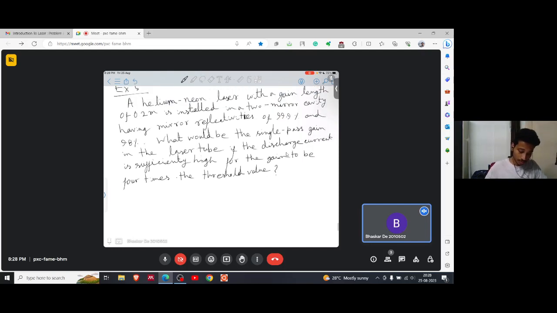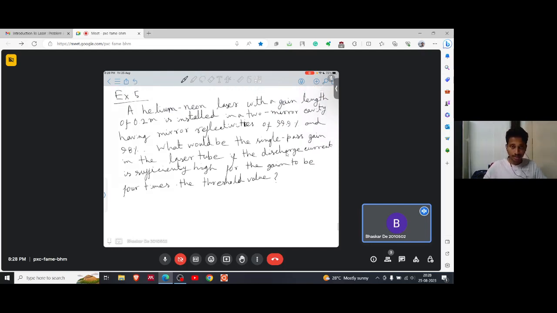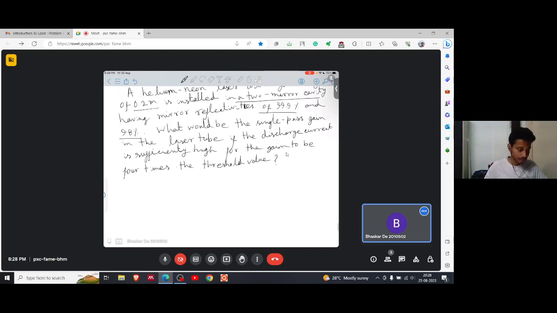So this is the problem statement, that is there is a helium neon laser with a gain length of 0.2 meter which is installed in a 2 mirror cavity having mirror reflectivities of 99.9% and 98%. So the question is, what would be the single pass gain in the laser tube if the discharge current is sufficiently high for the gain to be 4 times the threshold value.